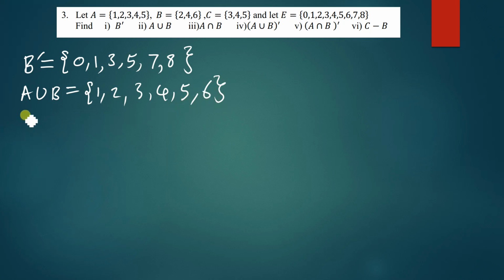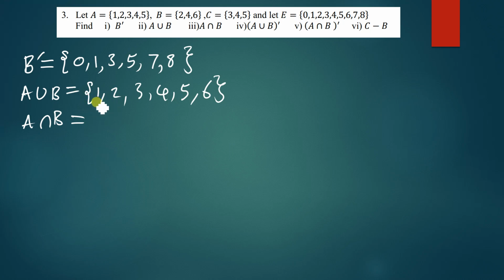Let's move on to A intersection B. A intersection B is simply the listing of the elements that are common in A and B. So what is common in these two sets?